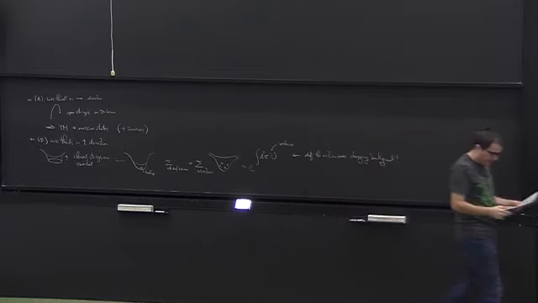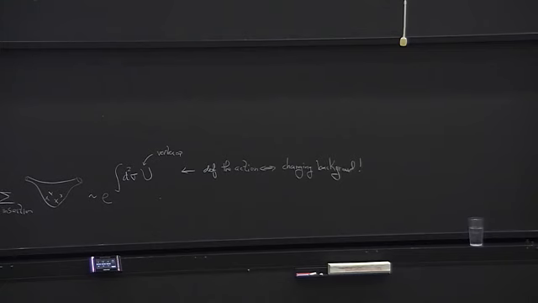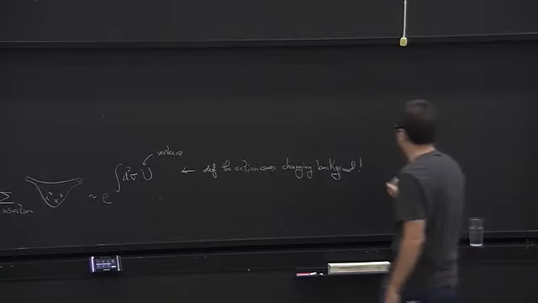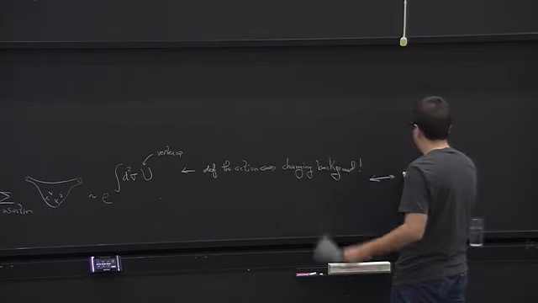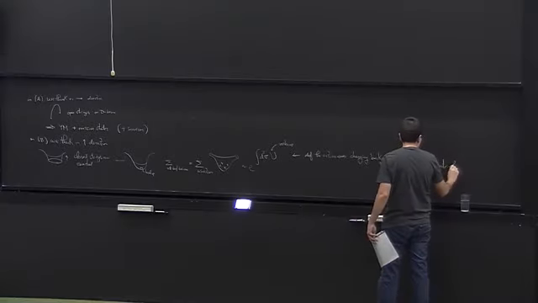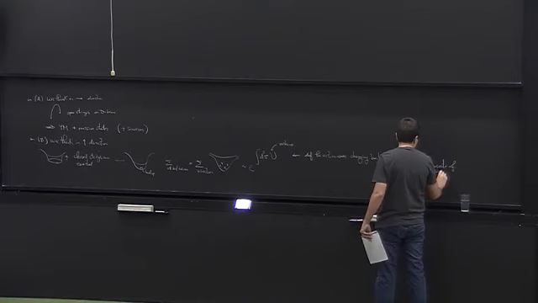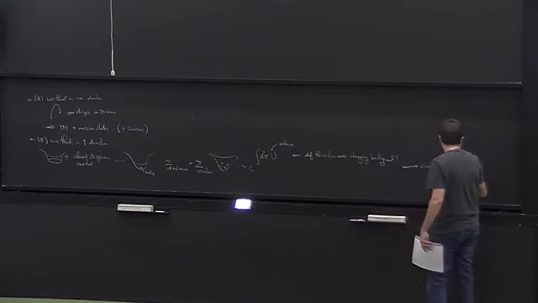Okay? It's changing the string theory. It is changing the action. And this is very intuitive. This is just saying, this is equivalent physically to saying that the condensate of gravitons changes the background.